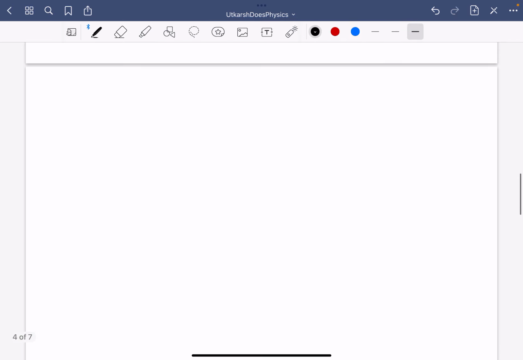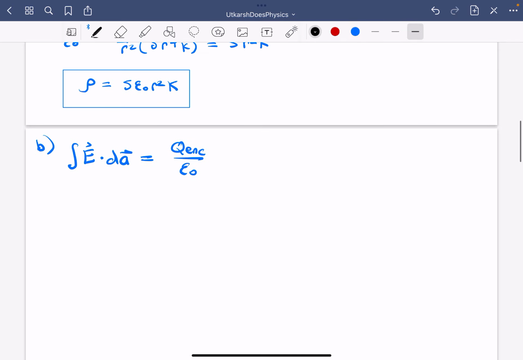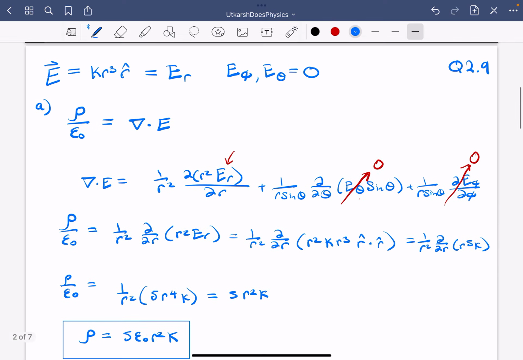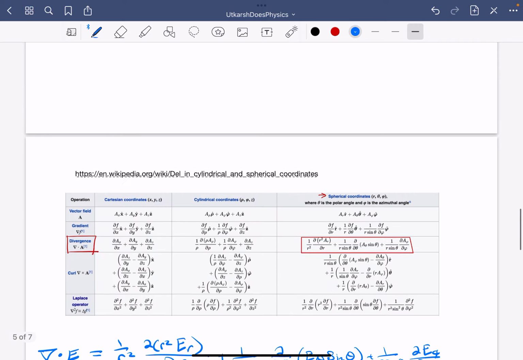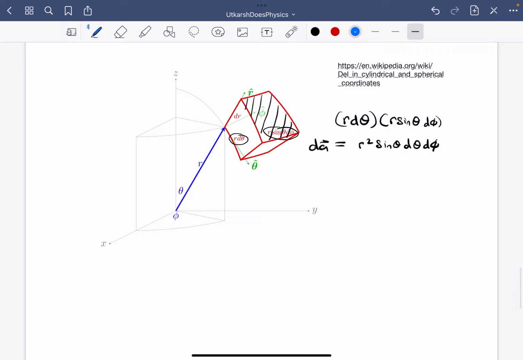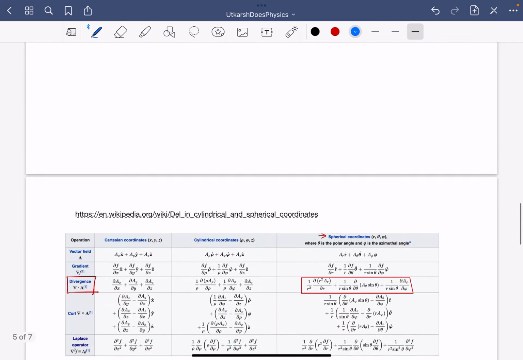So again, multiplying that out together, we have E, which we've already computed from the first question, to be kr cubed r hat. And our dA points in the r hat direction, so it's also r hat.